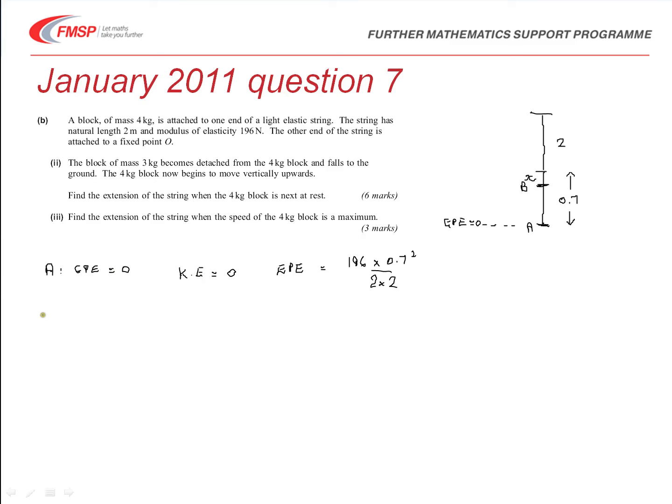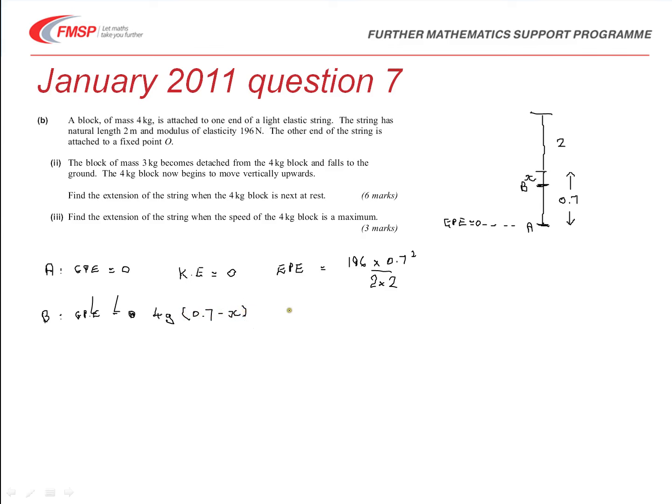at B we will have a GPE, which is going to be equal to mgh, so the mass is 4g, and h, the height to which it will rise, will be 0.7 minus x.